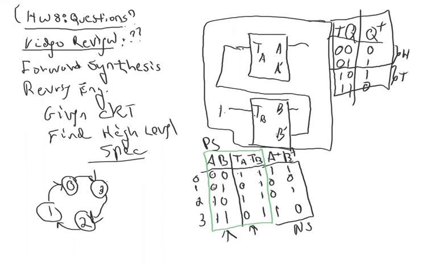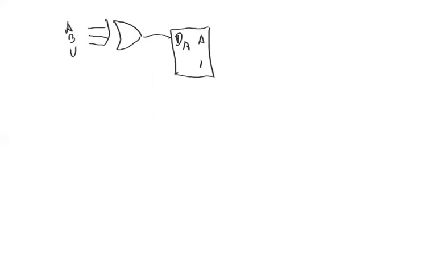Let's do another one. I think I can do this one here. I'm going to put in an exclusive OR whose inputs are A, B, and U. And it goes into a D flip-flop, D sub A, whose output is A prime.